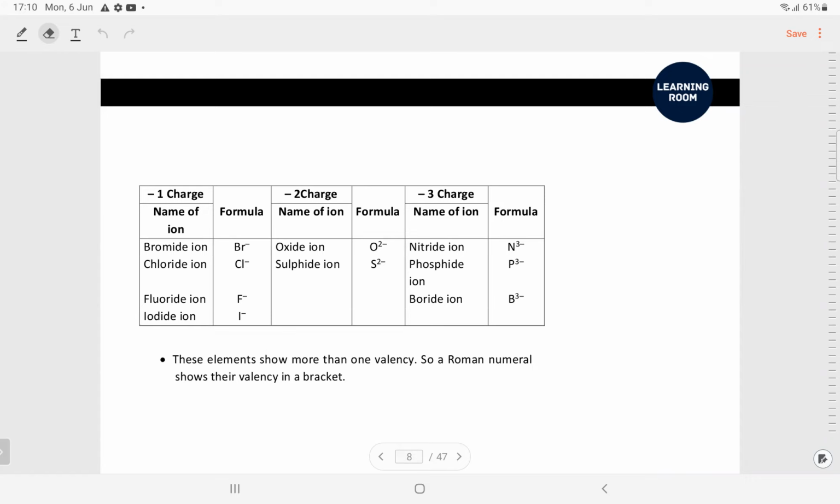That's why I have written minus everywhere on this slide. Now coming to the next one, oxide and sulfide. For oxygen, valency is 2 because once it gains 2 electrons, it becomes oxide. So for oxygen and sulfur, it's 2, and for the nitrogen family, 3. Clear with this one?